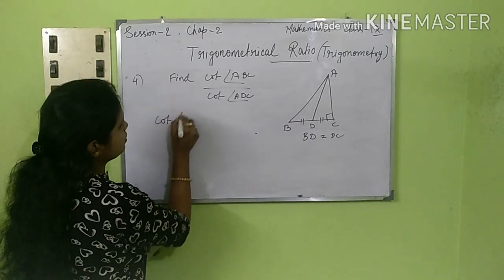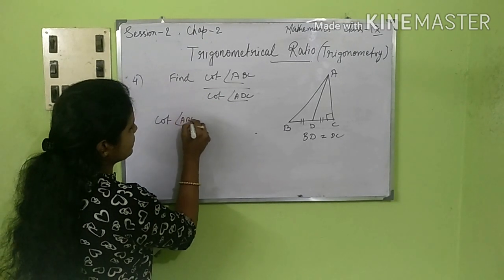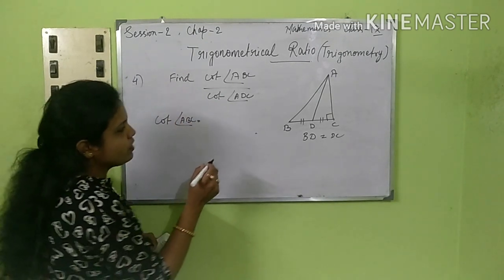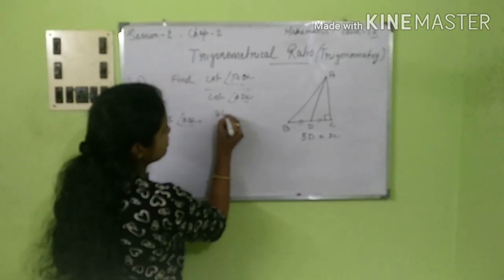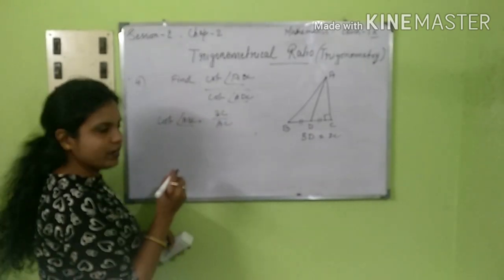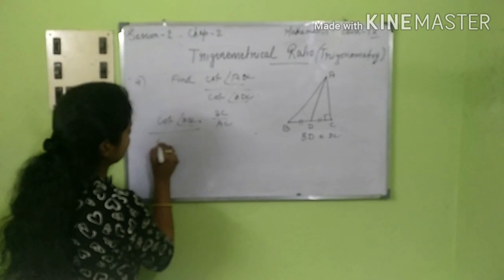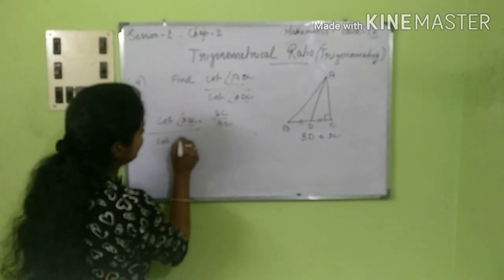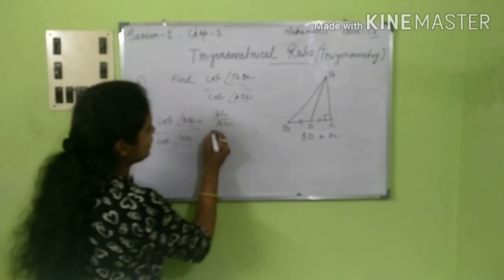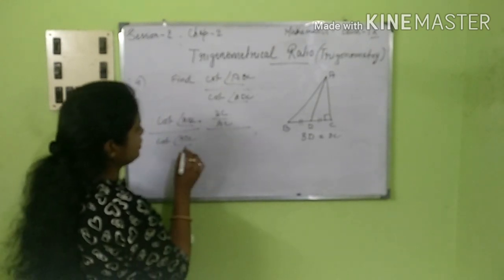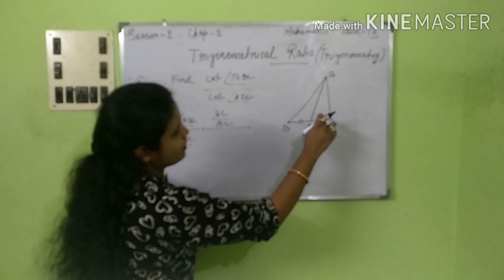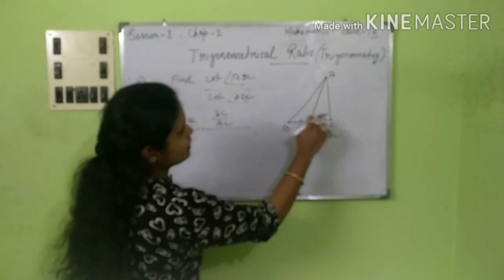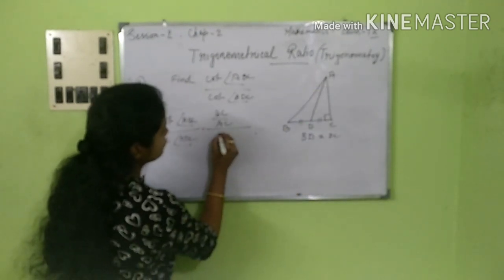So remembering that, we will write the sides ratio. So cot of angle ABC, that is cot of angle B, will be having base by perpendicular, that is BC by AC, right, divided by cot of angle ADC, that means whole divided by ADC is how much? This particular triangle. That means it is DC by AC.